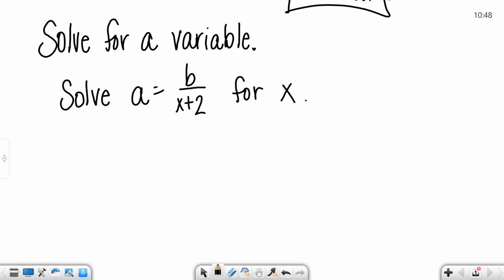And then it'll tell you which variable we're solving for. So we are solving this equation, a equals b divided by x plus 2. We are solving that for x. We're not always solving for x. You have to pay attention to what it says. Okay, so in other words, get x alone.